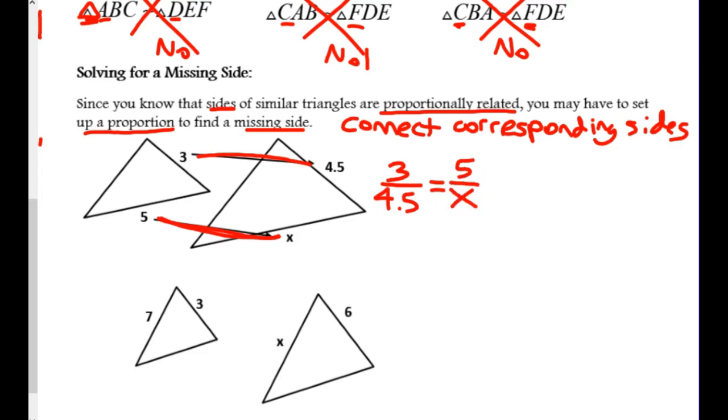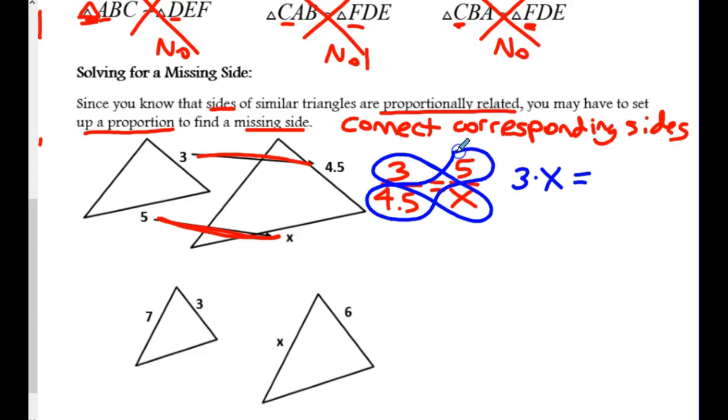So now what we do is we cross multiply and divide. So I got 3 times x, 3 times x, equal sign, and then I got 5 times 4.5. Now all I got to do is actually multiply them and then divide by the coefficient.